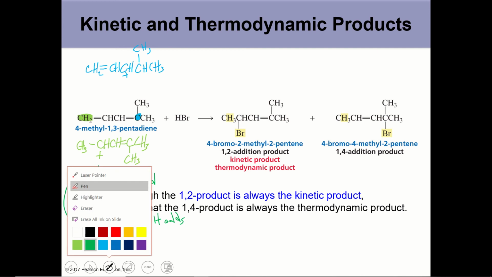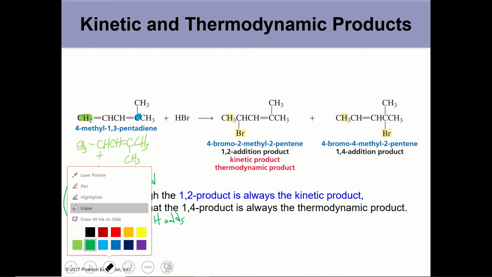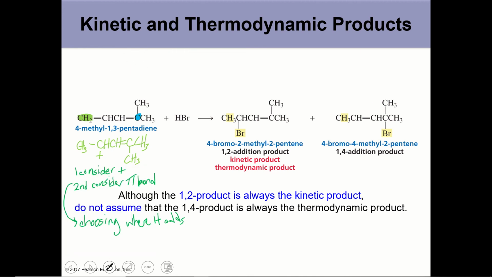Okay, so next, once we know that the green cation is how things are going to go, then I don't need the blue cation anymore. I can get rid of it. And I can go in and take my green cation and draw the two possible cations, the 1,2 cation, which will give us the 1,2 product. And that's the same cation that we've already drawn.